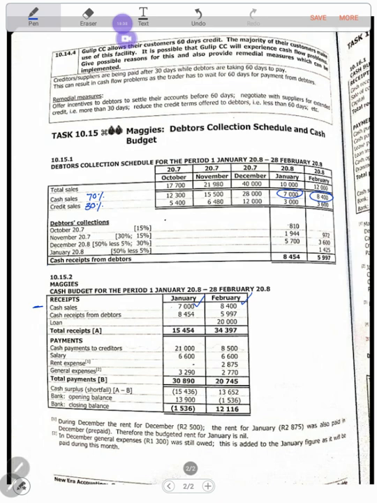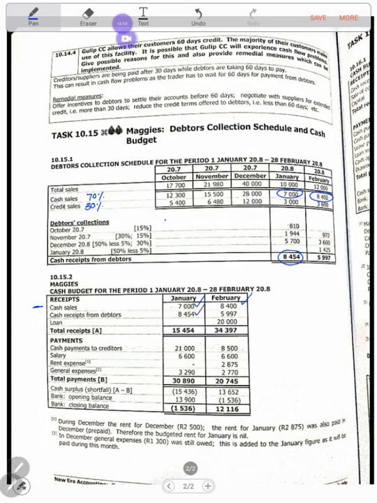Then we also received cash from our debtors. We're expecting to receive cash from our debtors and we work that out from our debtors collection schedule. How much cash will we be receiving from our debtors in January? 8,454 and I place it in January.